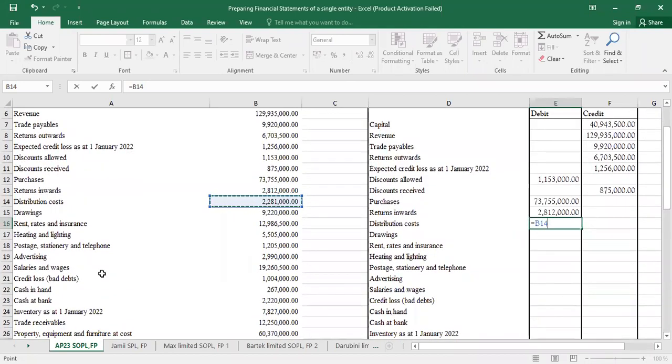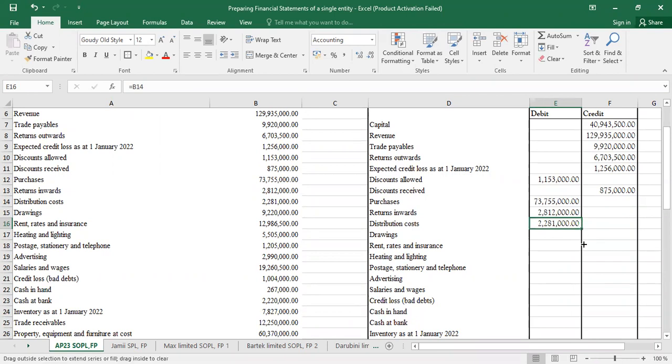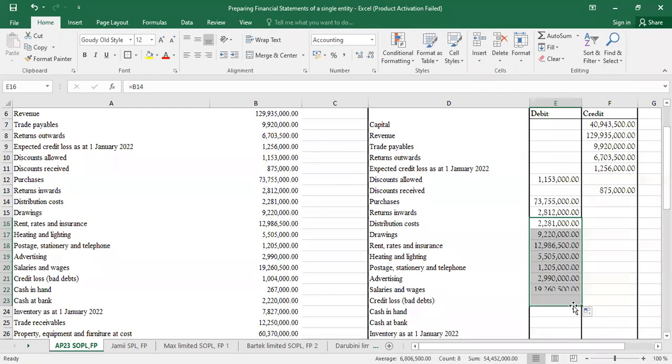We have salary and wages up to credit loss, isn't it? Credit loss are like bad debts, isn't it? Bad debts are like expenses we have incurred. Also, they will have a debit entry. I'm telling you that because here we're just dragging them up to there, isn't it? They're just from the other side, you can even confirm the same thing.